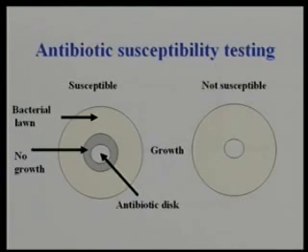And basically there's a concentration gradient. The further away you get from the disc, the lower the concentration of the antibiotic. So out here somewhere there may be some antibiotic, but it's at such a low concentration that it doesn't do anything. So what this can tell you is not just whether the organism grows, but how susceptible it is, by how close to the disc the organism grows. That's antibiotic susceptibility testing on a plate.